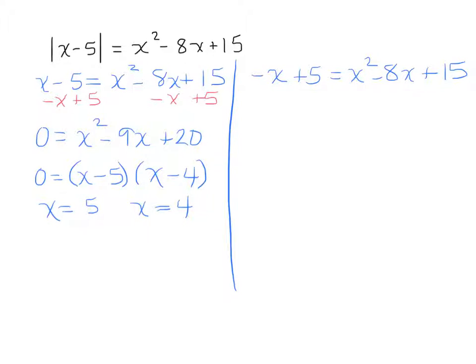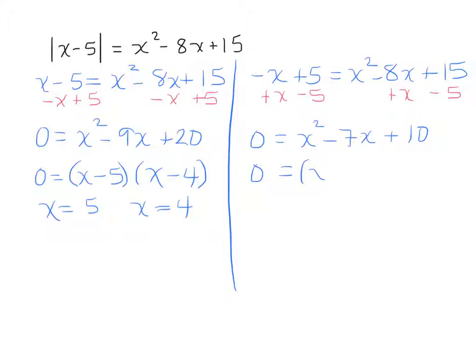Do the same thing with the negative equation, except we're going to add x and subtract 5. We end up with 0 equals x squared minus 7x plus 10.